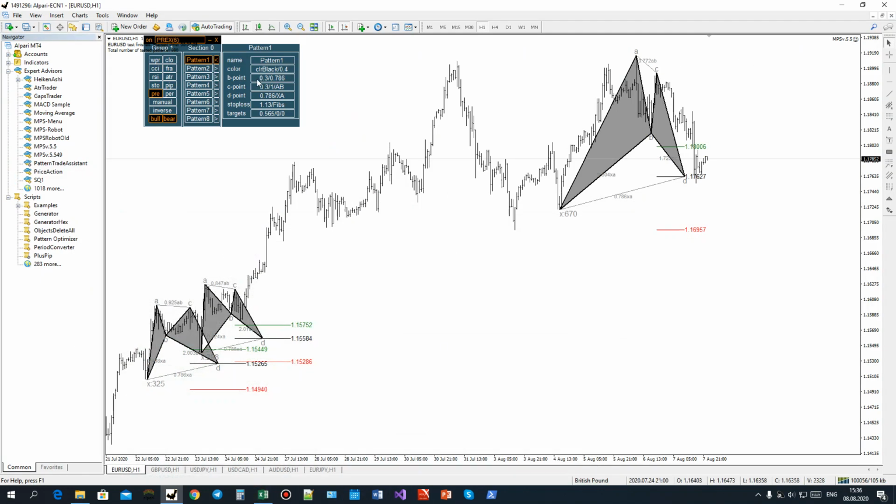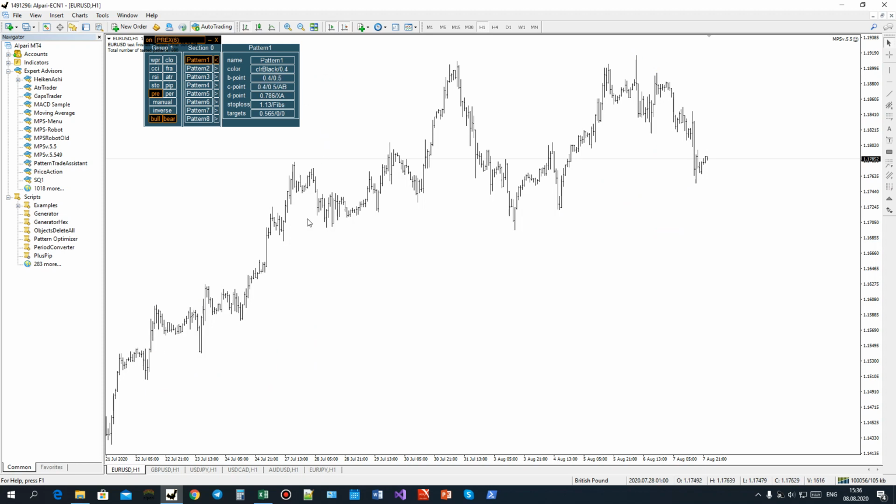So the 80% pattern, I want that 80% pattern. So 0.4 to 0.5, and again this one should be 0.4 to 0.5. Okay, so I only want these patterns to be displayed. Right now we don't have them.